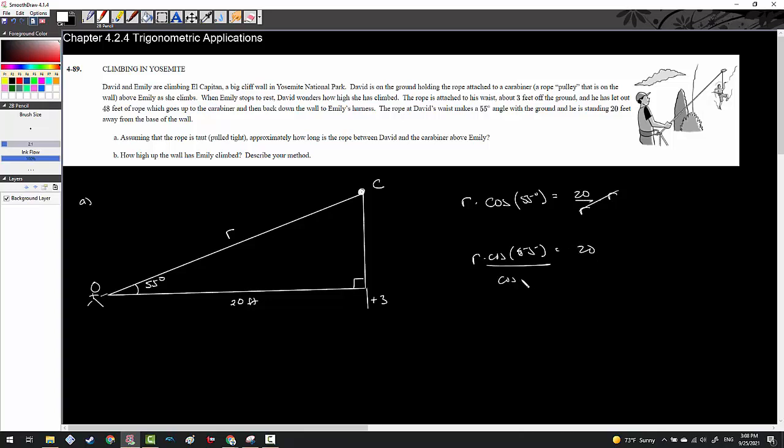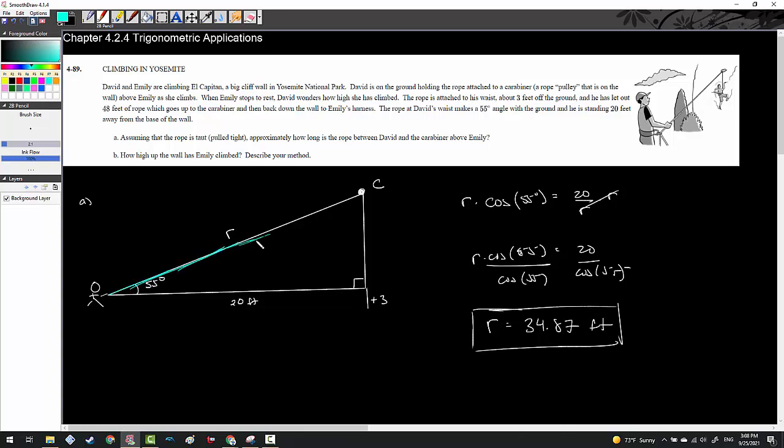And then I'll divide both sides by cosine of 55. That's going to get me R equals 34.87 feet. Okay, that is how long this blue distance is right here. That's how long that blue distance is. This is 34.87.